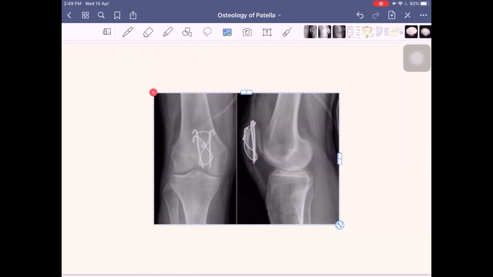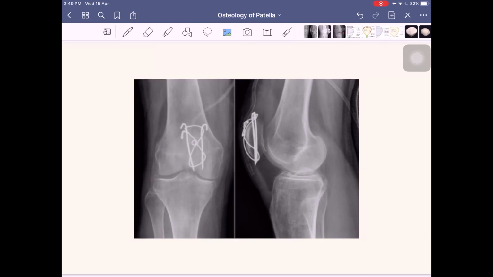Since it does not have a periosteum, it will not unite naturally, so we need to put them together. Now you see in this picture, two nails are passed and a wiring is done, and this wiring is like a figure 8. This is an AP view and this is a lateral view showing this. This is how you have to keep the patella united, otherwise the patella will not unite at all.